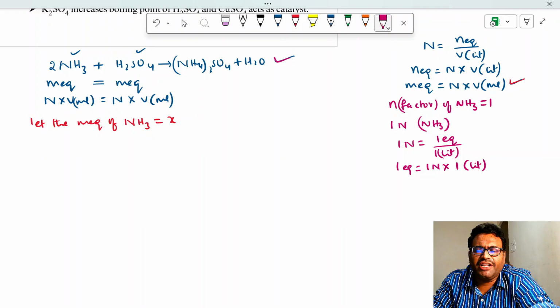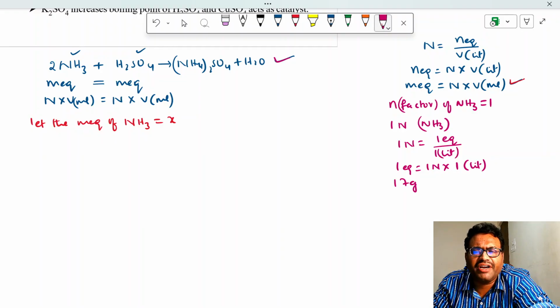So 1 equivalent is equal to 17 grams. 1 equivalent is equal to 1 mole when n factor is equal to 1. So 17 grams is equal to normality into 1 liter.